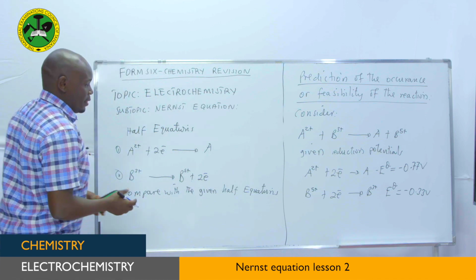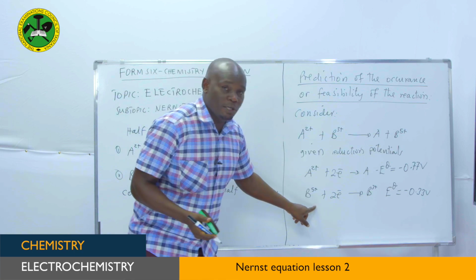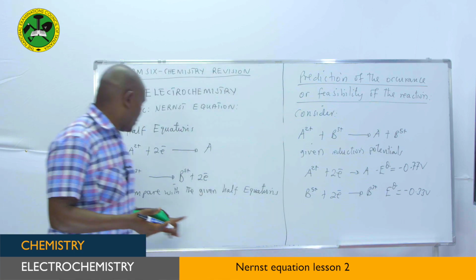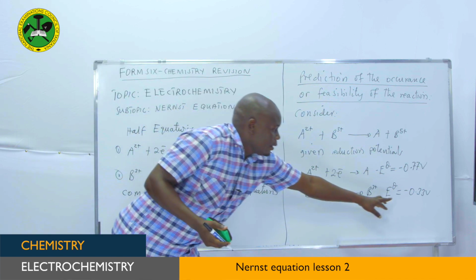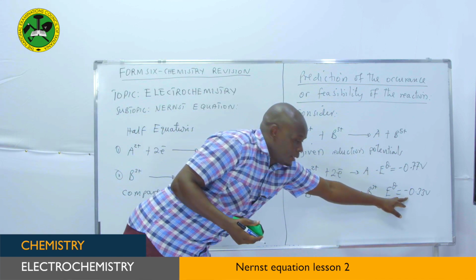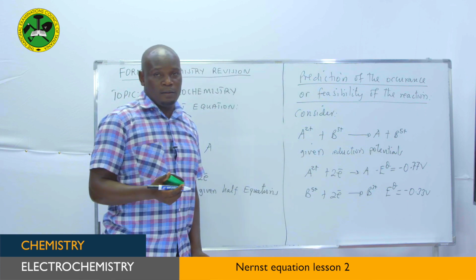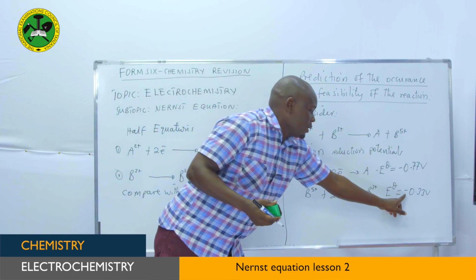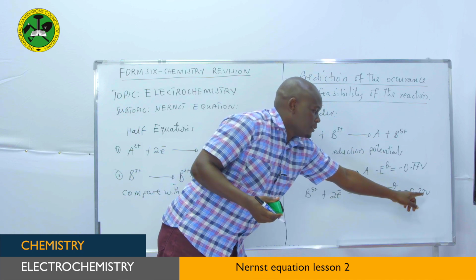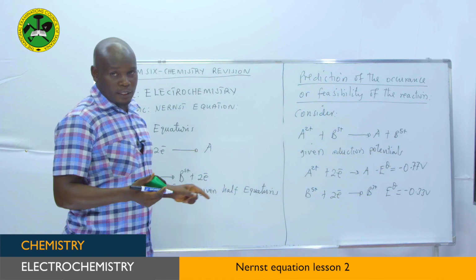So here, this B appears opposite to this one, so the given standard electrode potential will have its sign changed. The standard electrode potential here will be positive 0.33 volts.